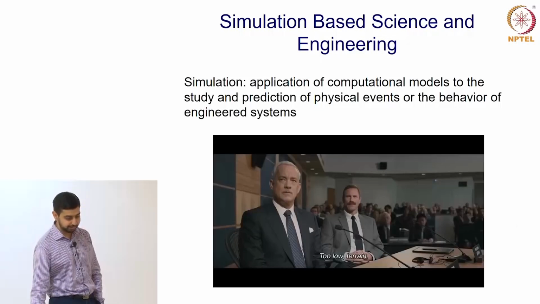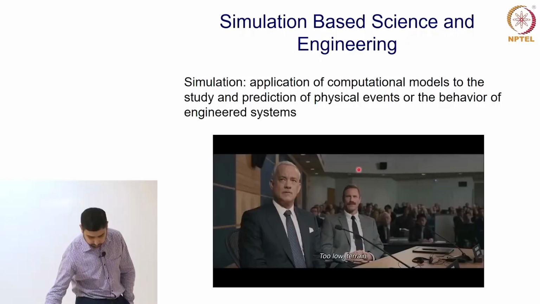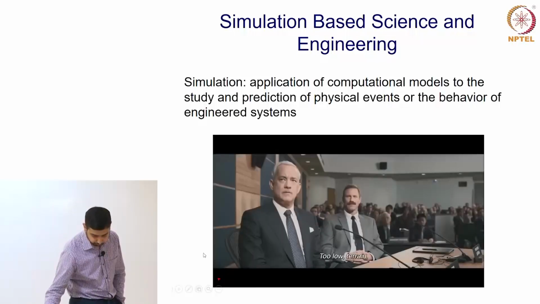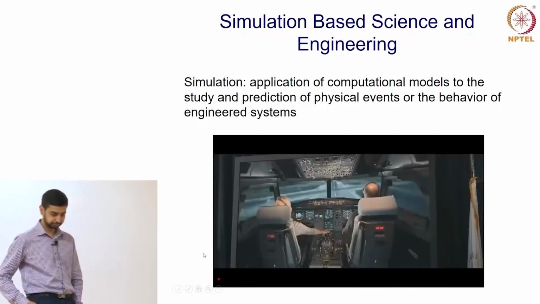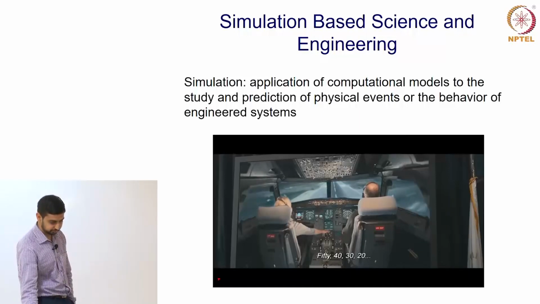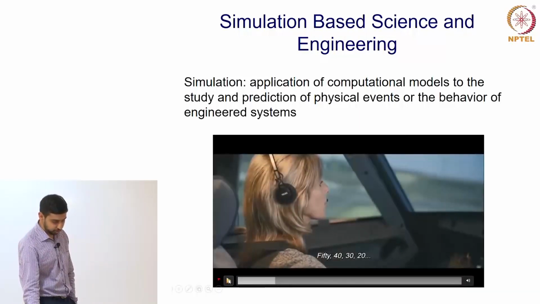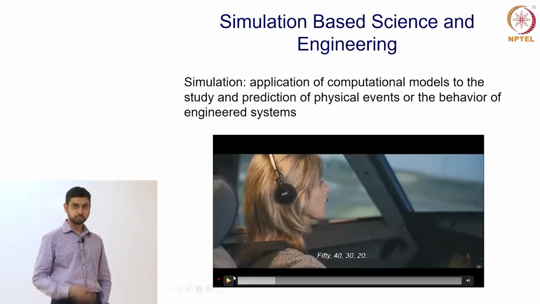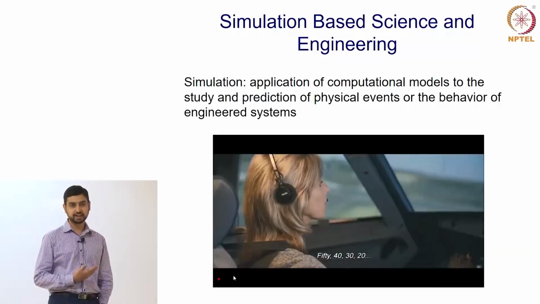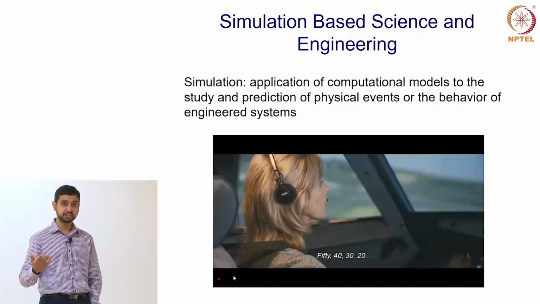So I thought that I'll play a clip of a movie. I don't know how many of you have seen this movie. It's a movie called Sully, where basically it's about a real event where the pilot tries to land the aircraft in Hudson River because he realizes that it's going to crash otherwise.